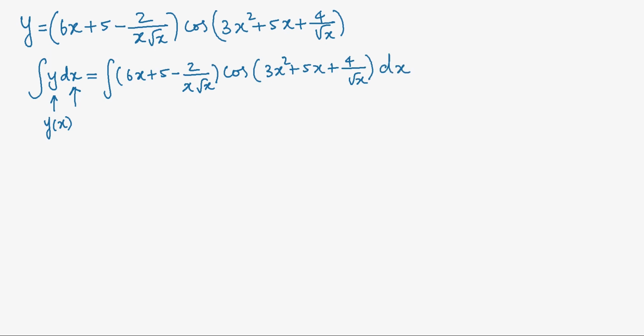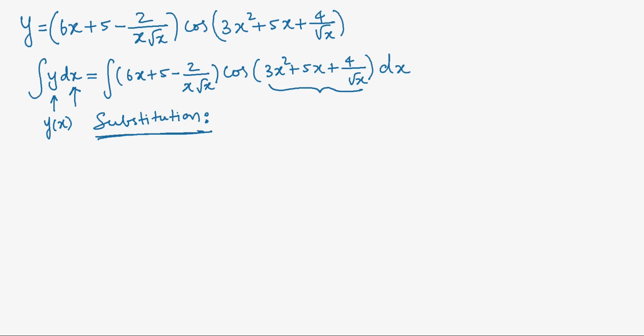You get that? Yes, uncle. So when we have to integrate a function like that, we use a method called substitution. You see the cosine function has a polynomial argument.